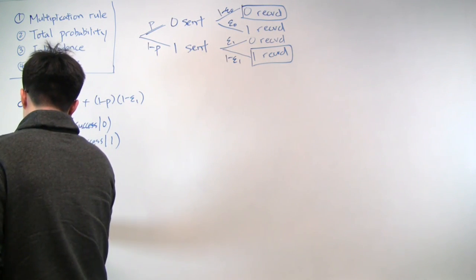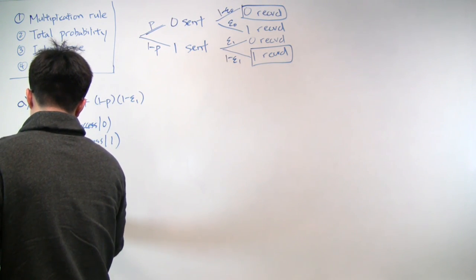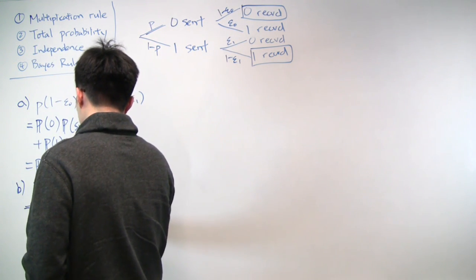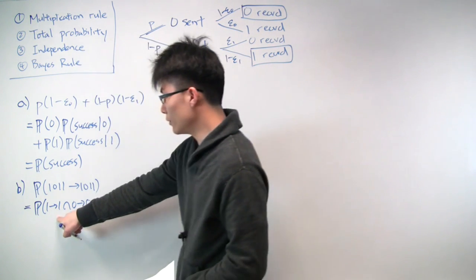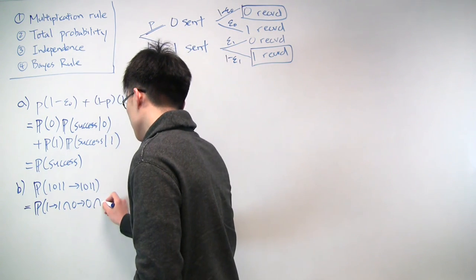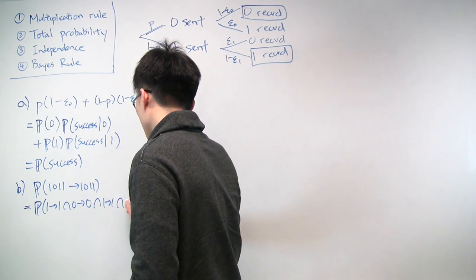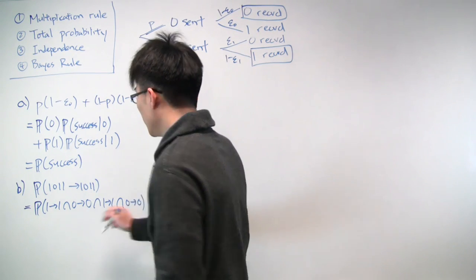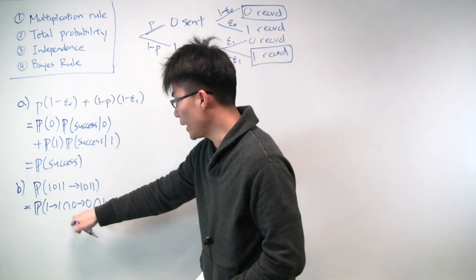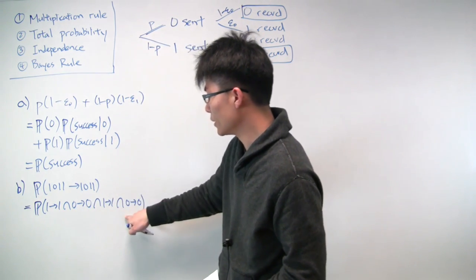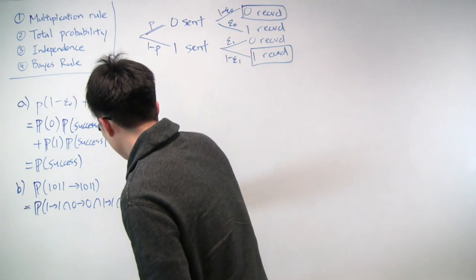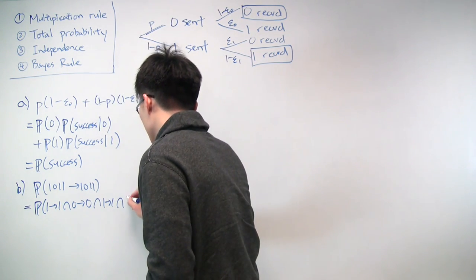So really this is the same as the intersection of 4 different smaller events: a 1 being successfully transmitted and a 0 being successfully transmitted and 2 more 1s being successfully transmitted.